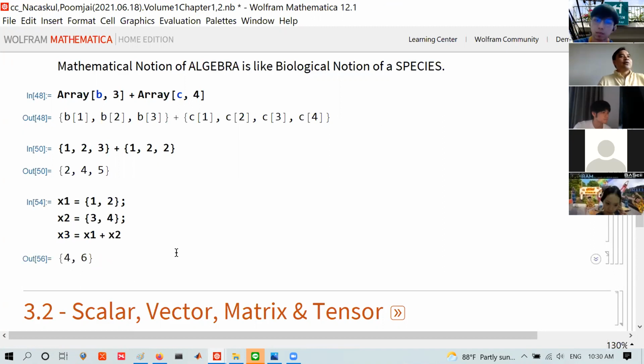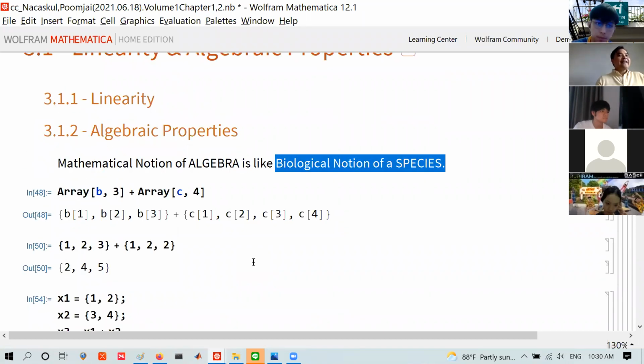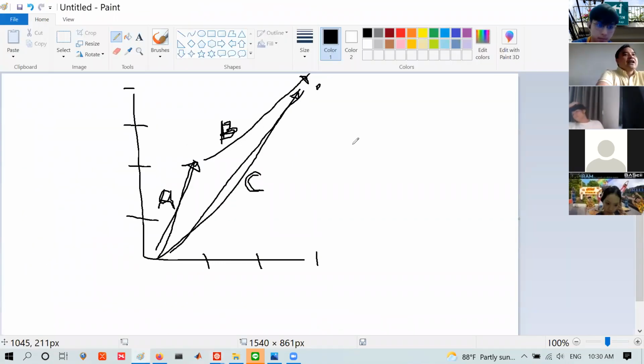Now, let me say that the notion of algebra is like the biological notion of species where you can add. Not only can you add, what else can you do? You can also subtract.